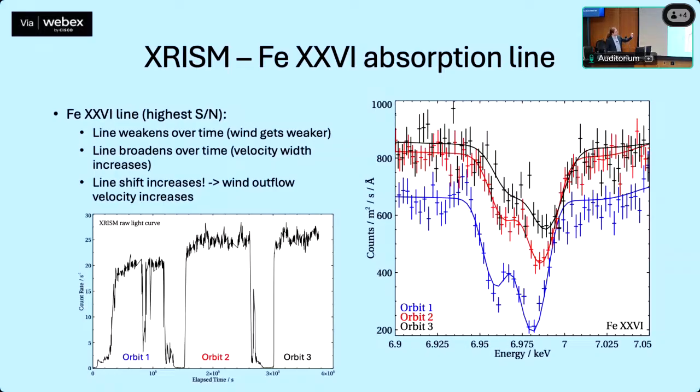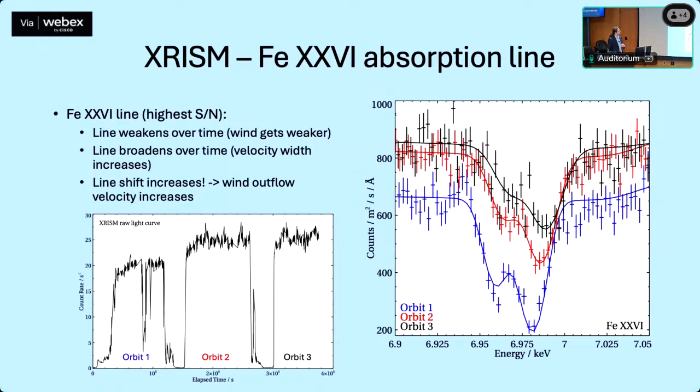We can see that the line is significantly changing as our sightline is going higher and higher up the flow. So the optical depth of the line is getting weaker. The line broadens over time, and it also shifts to the right. So we can see the Doppler shift is increasing. And so the wind is getting weaker, the velocity width is getting higher, and the wind outflow velocity increases as we're sampling to greater heights above the disk.